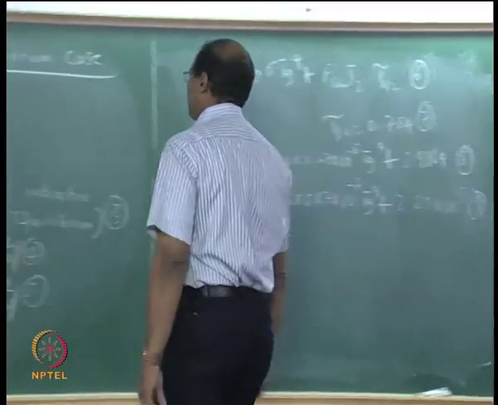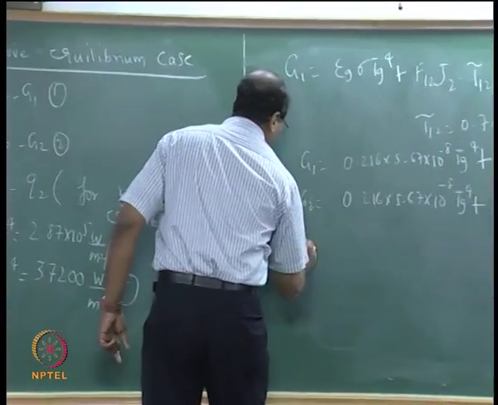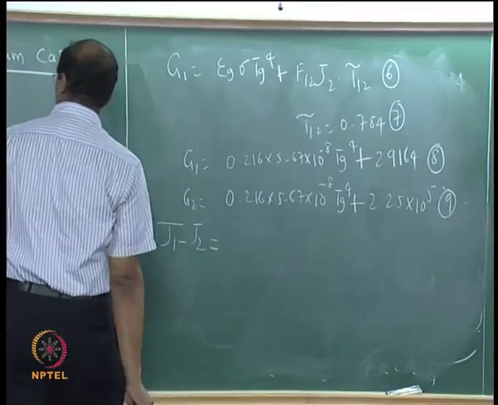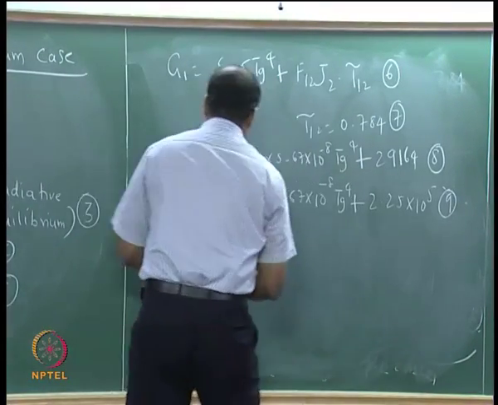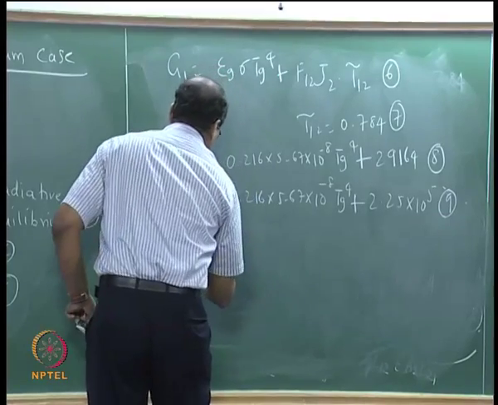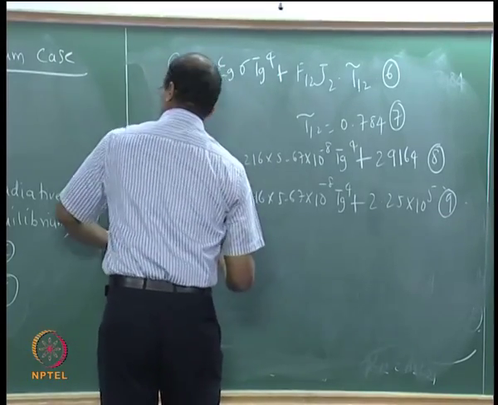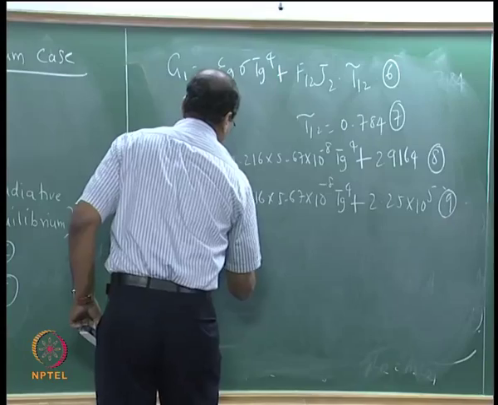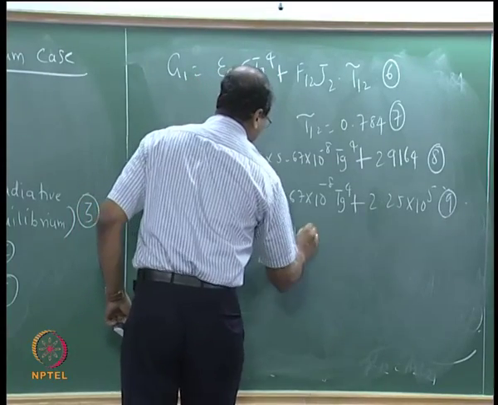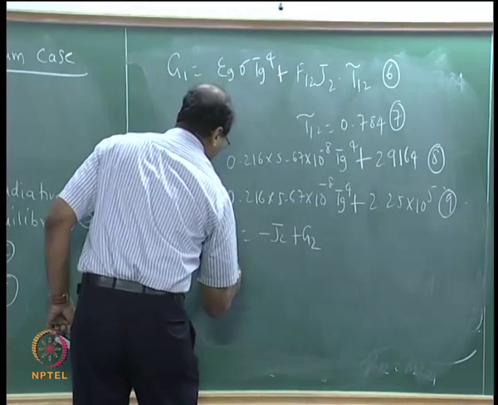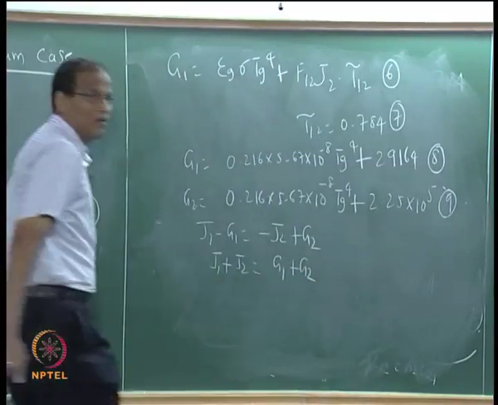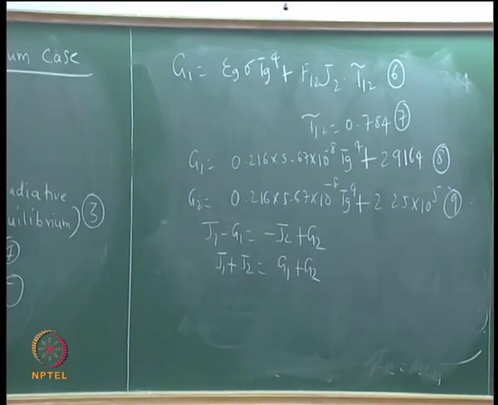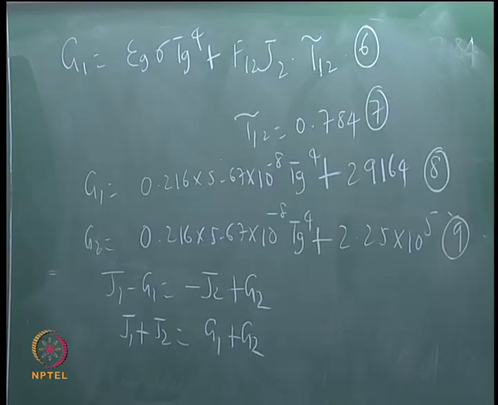Now, since Q1 equals minus Q2, J1 minus... Deepak, they are not getting cancelled, they will get added.